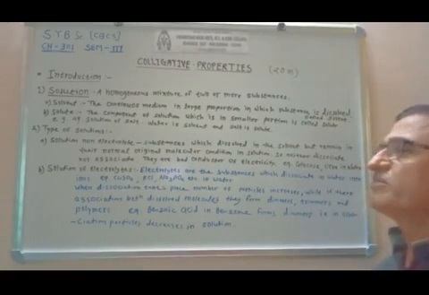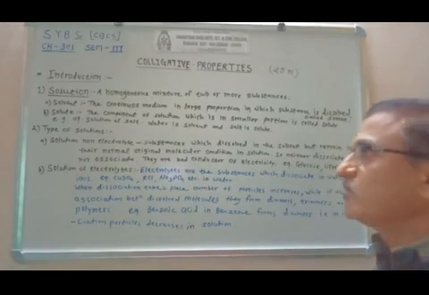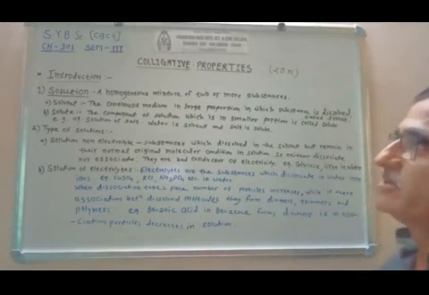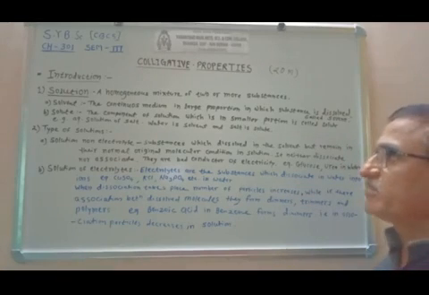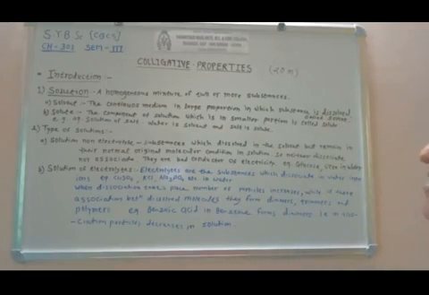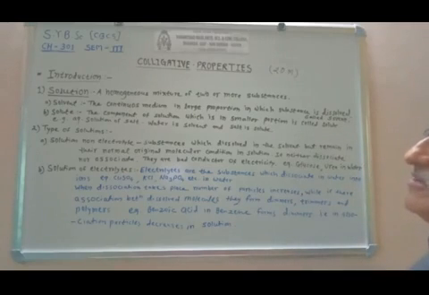In some cases elevation in boiling point takes place, lowering in vapor pressure takes place, osmosis takes place, freezing point lowering takes place. These properties are called colligative properties. A colligative property is the property which depends on the number of solute particles.